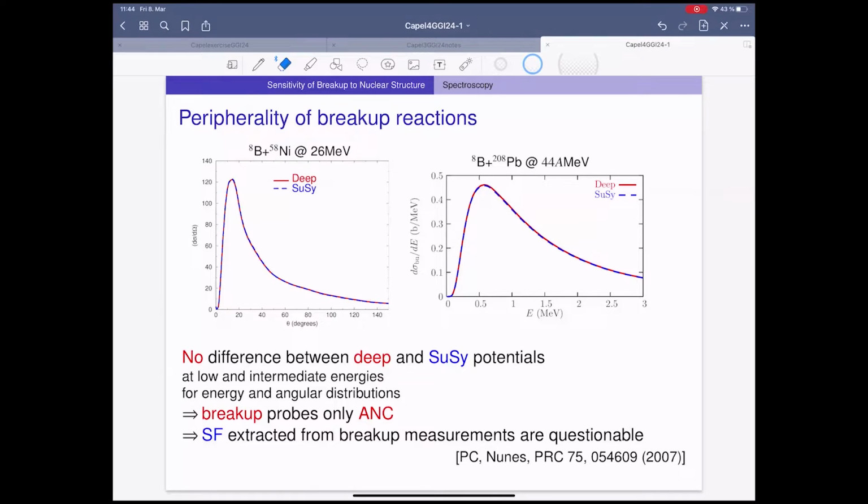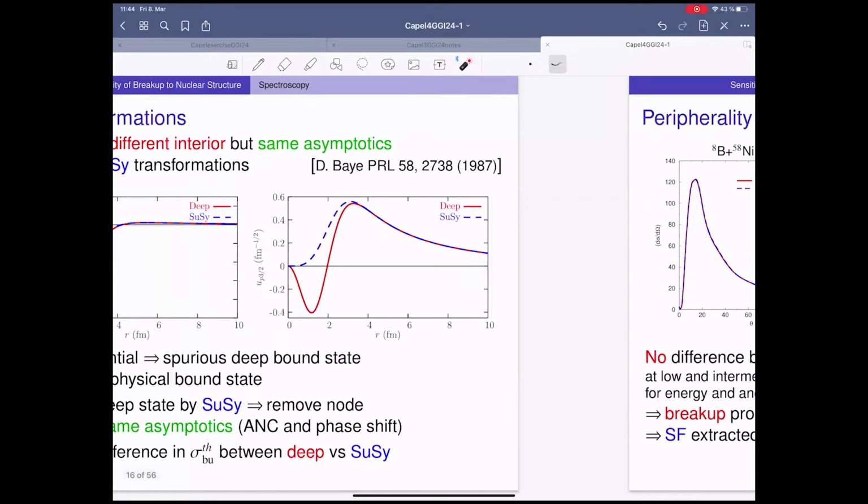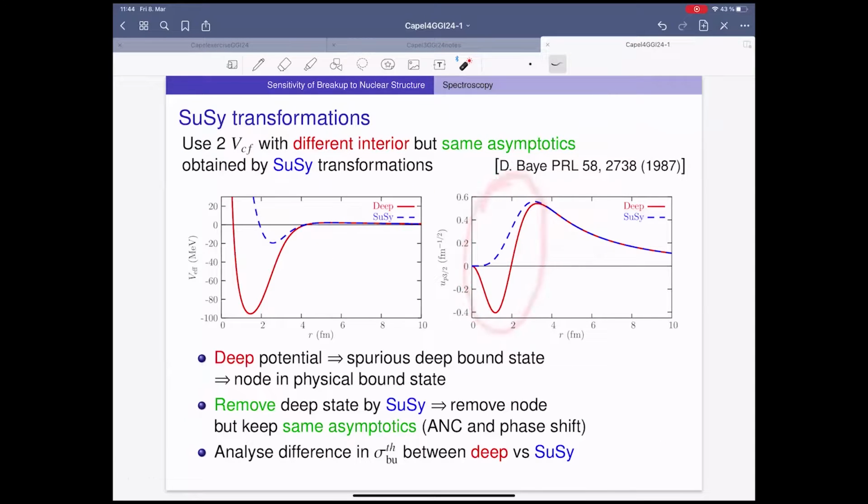So the red solid line is what you get with the deep potential and the supersymmetric partner. So the loosely bound one, the one without the node, is the blue dashed line. If you are colorblind, you don't see a difference because they're on top of each other. So the two curves are exactly identical. You're not sensitive to the short range of the wave function. You're not probing the wave function below 3 Fermi, at best, in the best case.